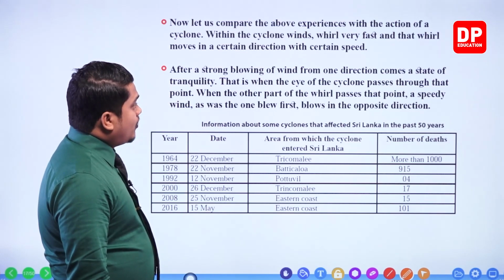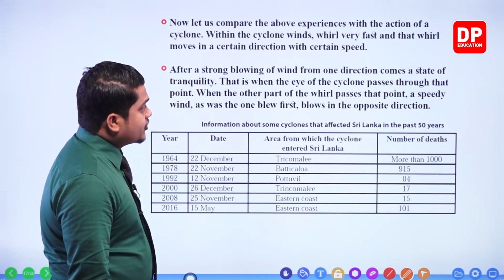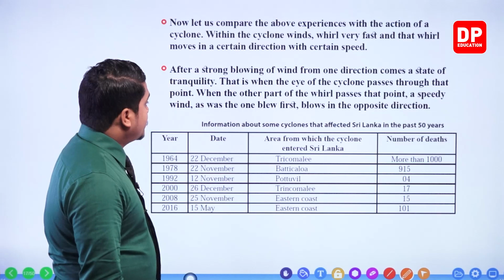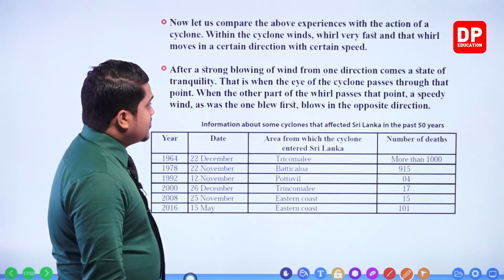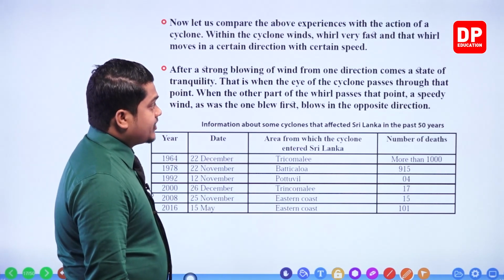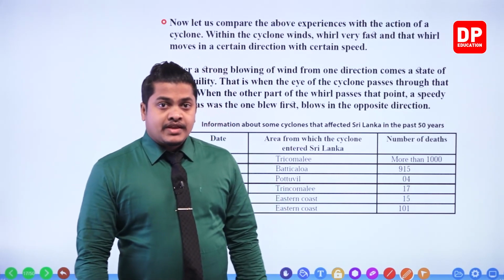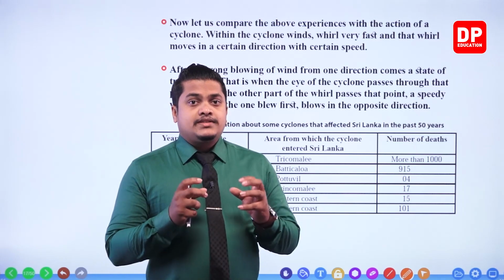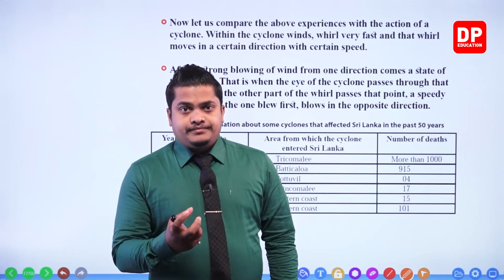After a strong blowing of wind from one direction comes a state of tranquility. That is when the eye of the cyclone passes through that point. Can you remember, my dear children? Within the structure of a cyclone, there is one thing called the eye.